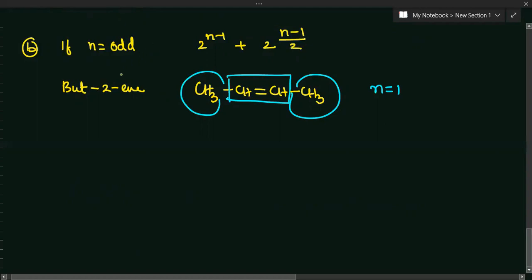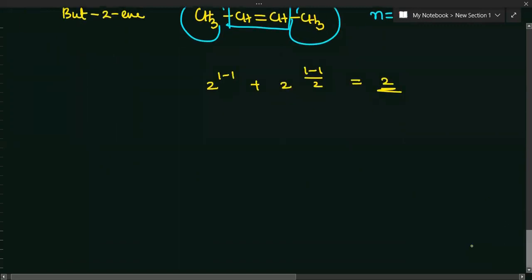So if you apply it here, you will get 2 power 1 minus 1 plus 2 power 1 minus 1 by 2, right? So what is your answer? It's 2. 2 isomers are possible. What are these 2 isomers? You are very much familiar. One is cis and the other one is trans.